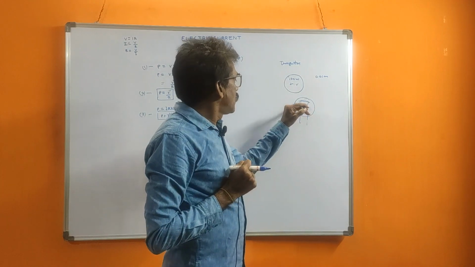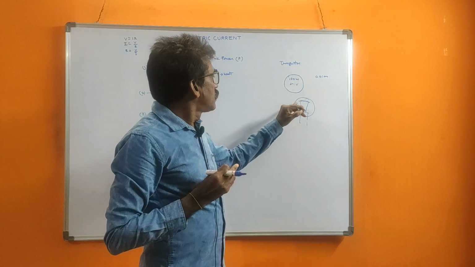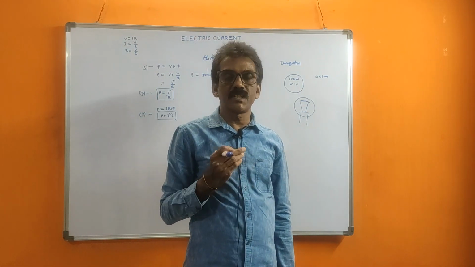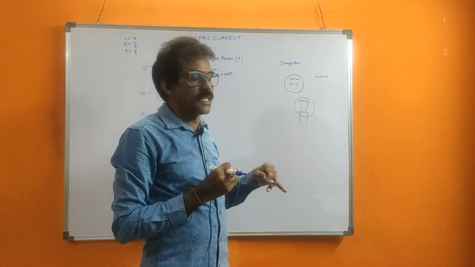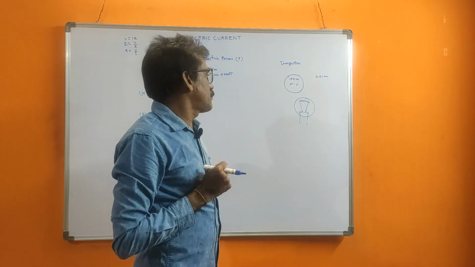Very small diameter means resistance increases; the CSA decreases, so resistance increases. To increase the resistance they prepare it with that very thin diameter.